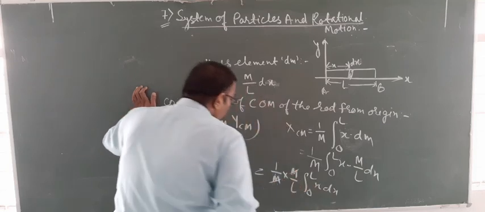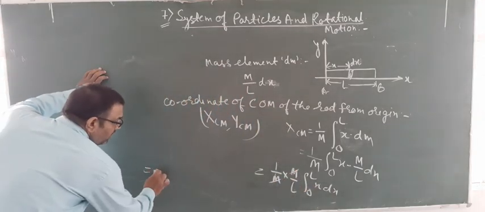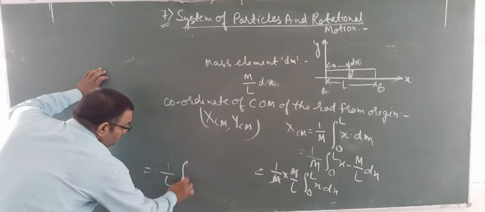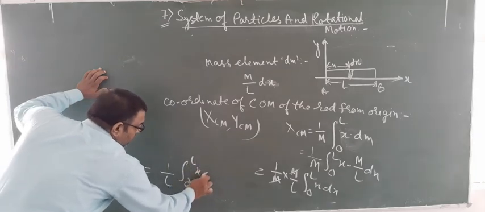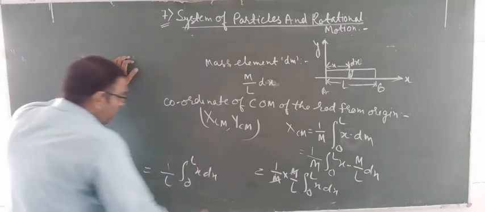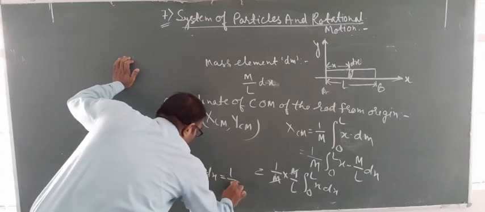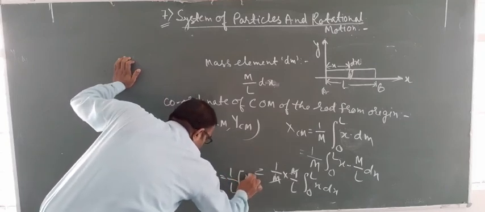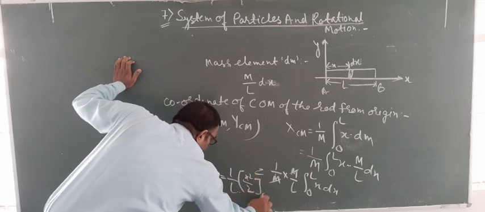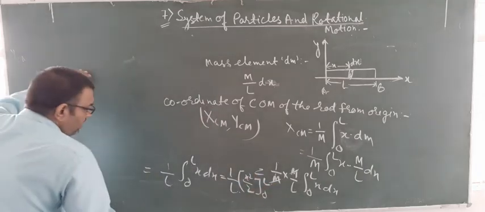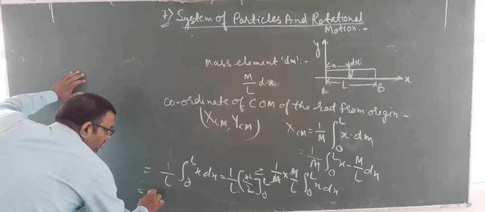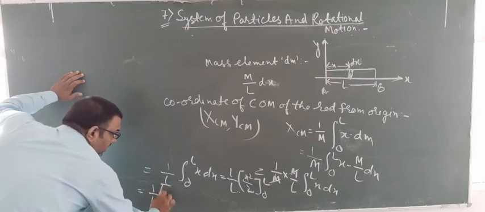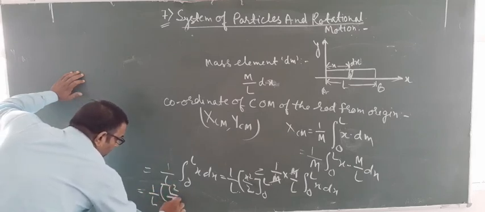The m's cancel out, and it becomes 1 upon L integral 0 to L of x dx, which is equal to 1 upon L into x square upon 2 from 0 to L.